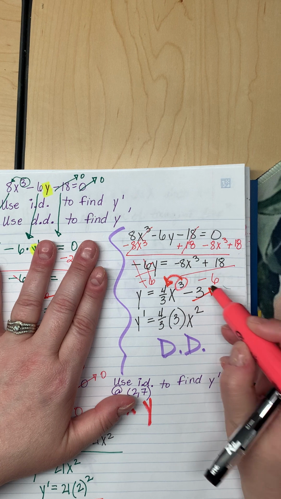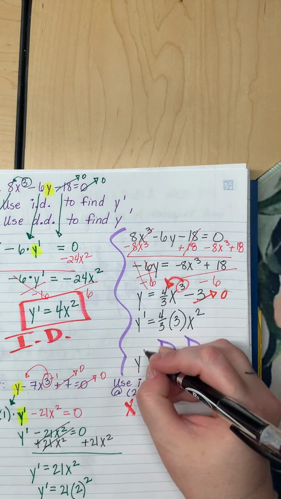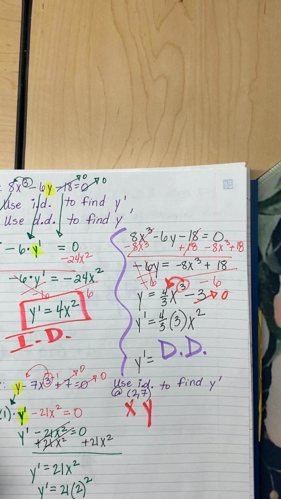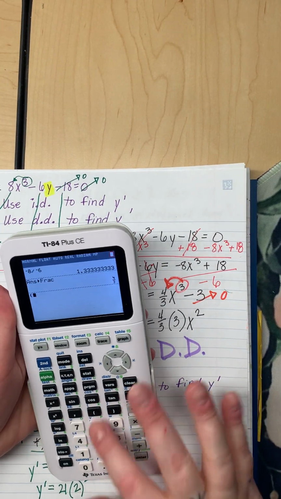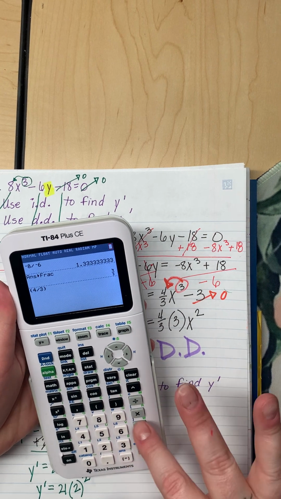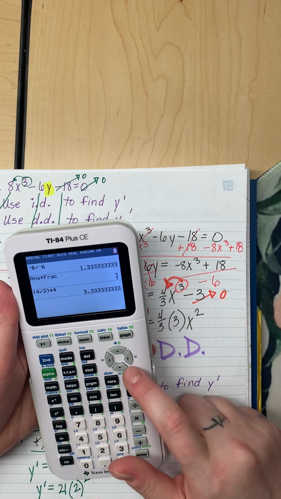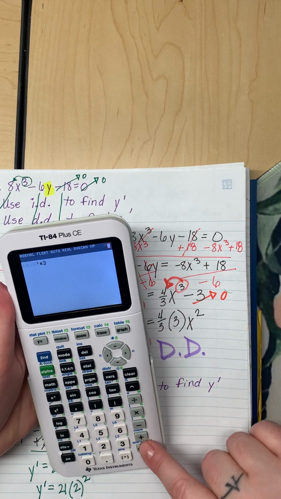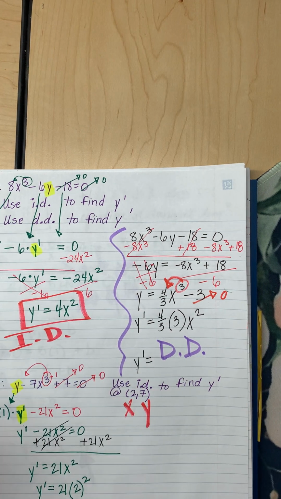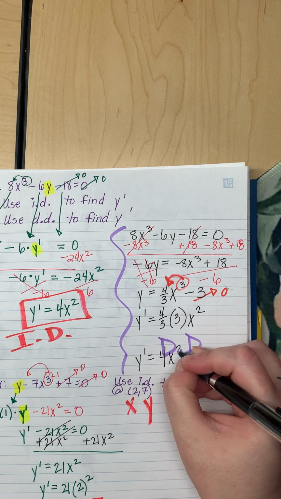It just goes away to 0. Okay, so let's multiply this, and it should clean up nicely. So 4/3 times 3 is 4. So this gives me y prime equals 4x squared.